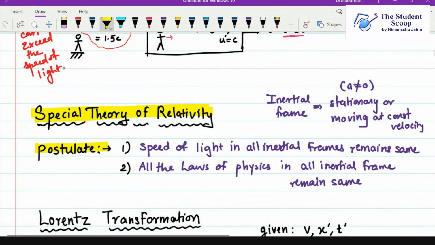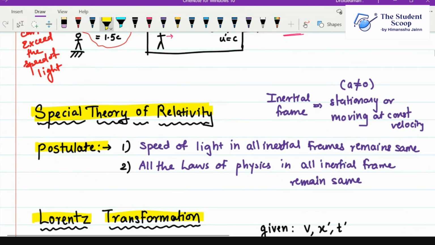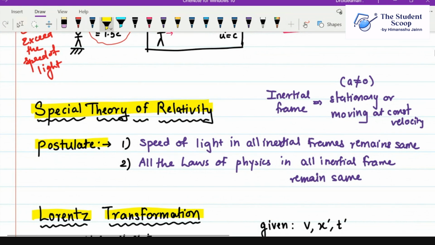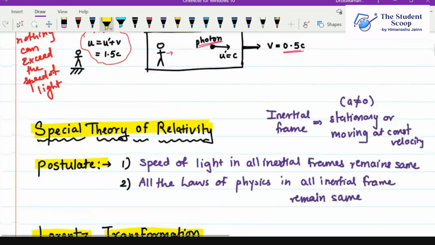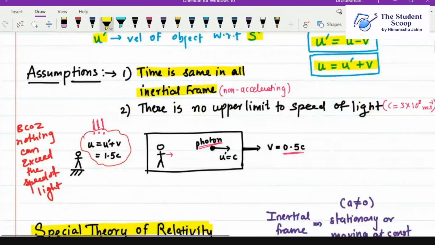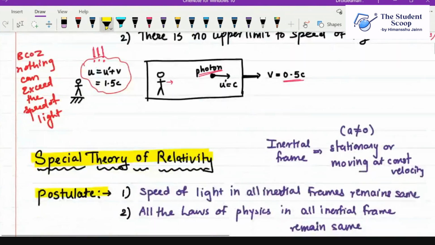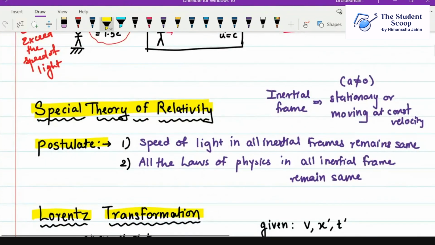Now, the Lorentz transformation derivation is not at all needed, like how those equations came into existence. Some of those equations are given in the data booklet as well. So we just need to know that using those postulates, we can mathematically build the Lorentz transformation, or the modification in those equations. But the derivation is not being asked.